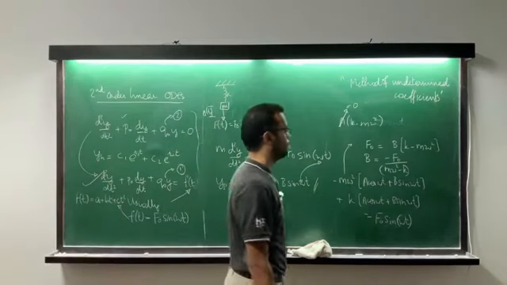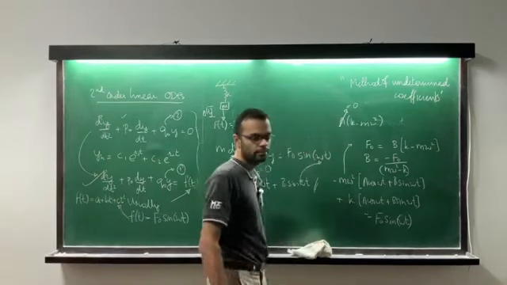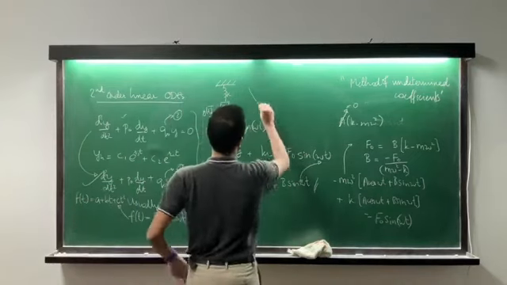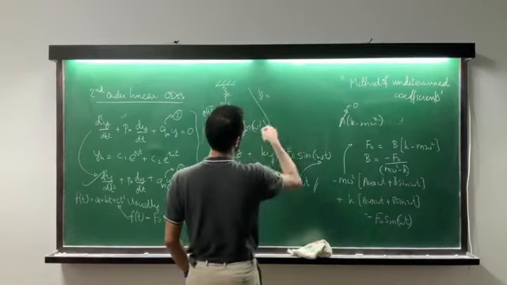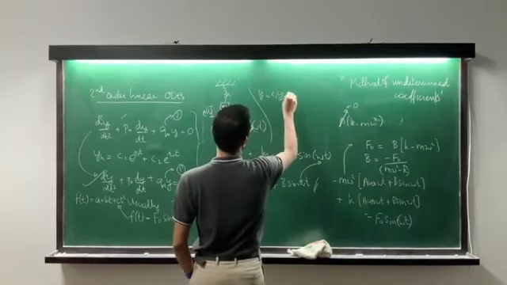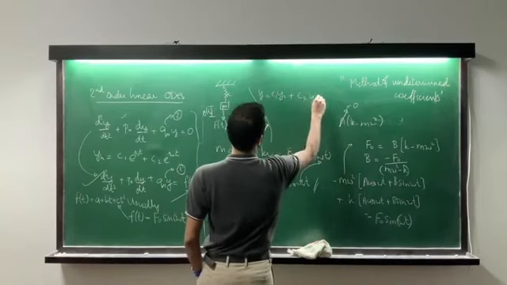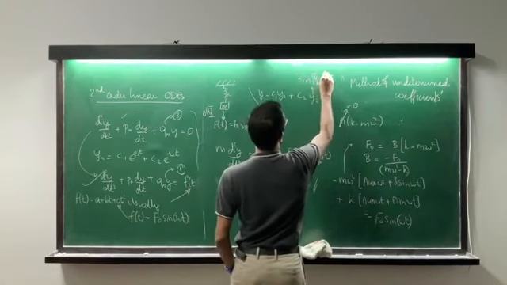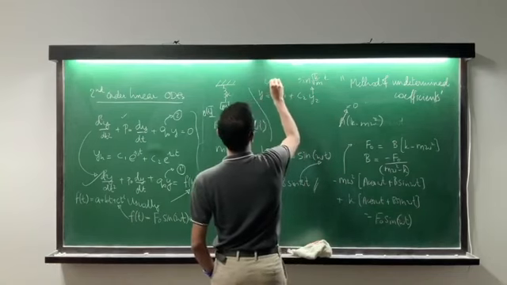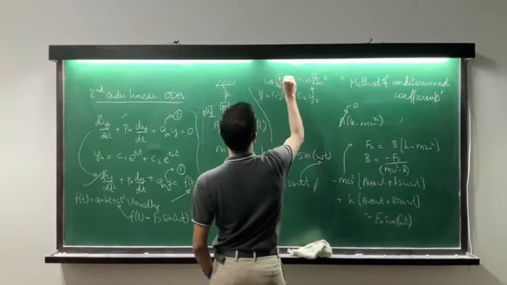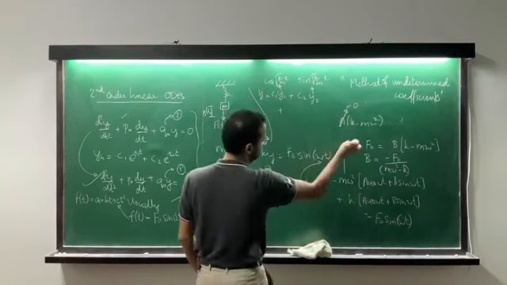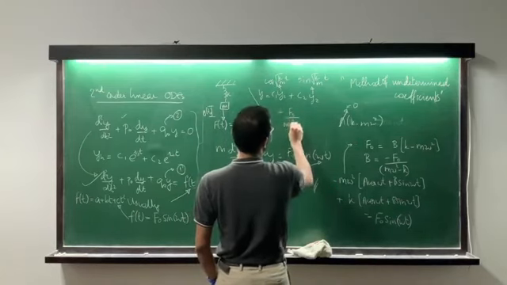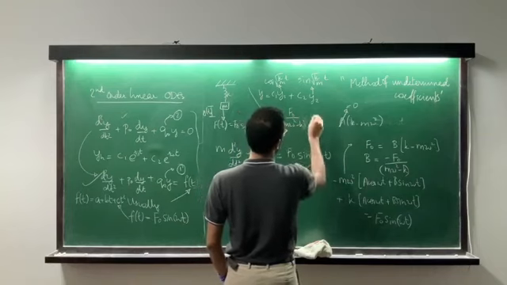So the general solution to this problem now is basically y is equal to the homogeneous c1 y1 plus c2 y2, and this is sine square root k by m times t. This is cos square root k by m times t, plus the particular solution, which is minus f0 by m omega square minus k sine of omega t.